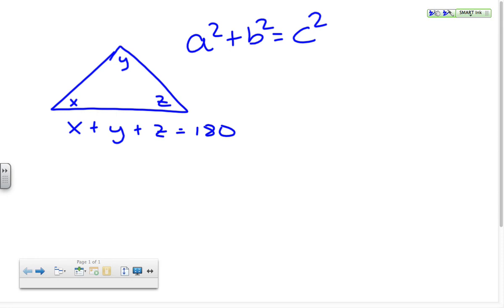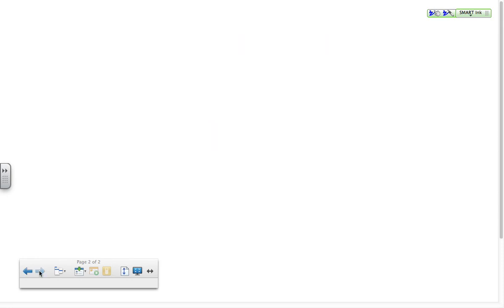So the whole point of this lesson is we're going to take triangles and solve them, find missing pieces, and whatnot. So we're going to use the sine, cosine, and tangent to find quite a bit of these. Also, if you remember your special triangles, we will need these as well. So this is 45, 45, 90. So 45 plus 45 plus 90 is 180. Our sides are 1, 1, and square root of 2.